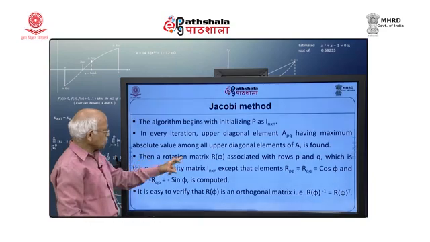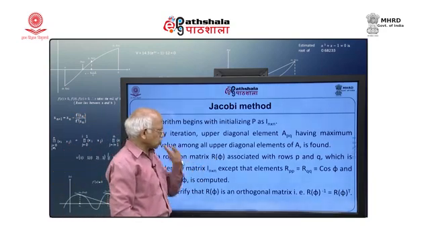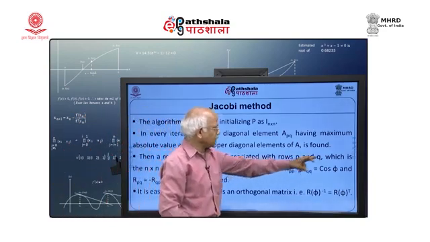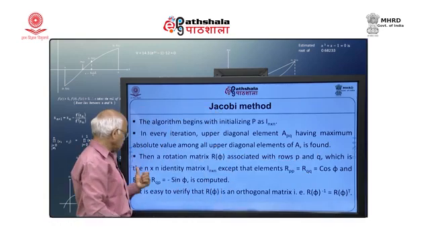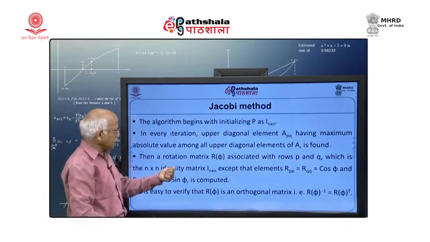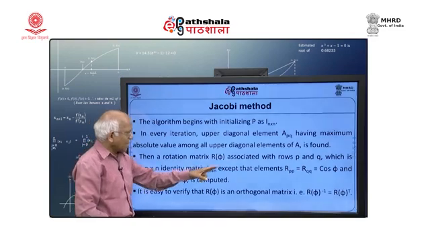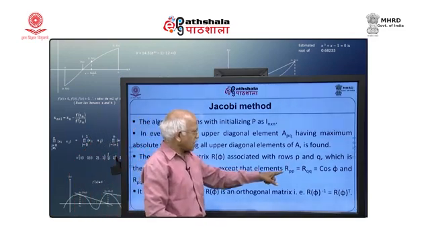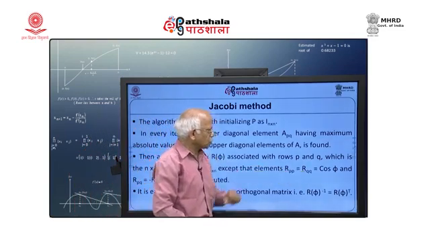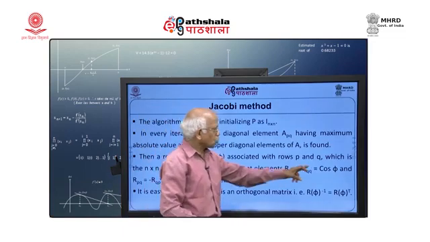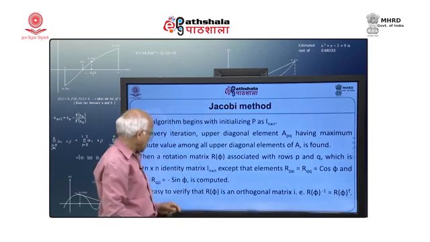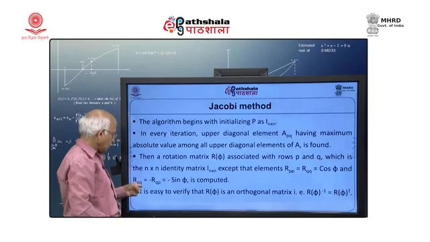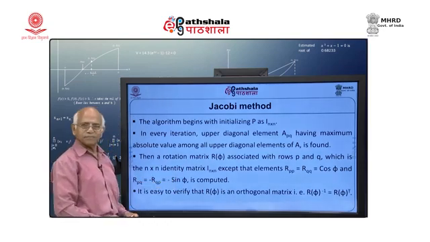Then a rotation matrix R(phi) associated with the rows P and Q, which is the n cross n identity matrix I except that elements R_PP and R_QQ equal cos phi, and R_PQ and minus R_QP are minus sin phi.